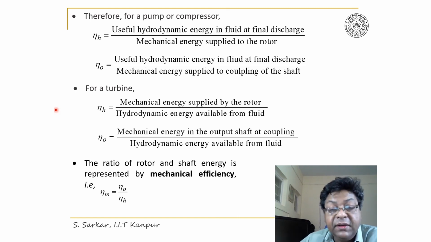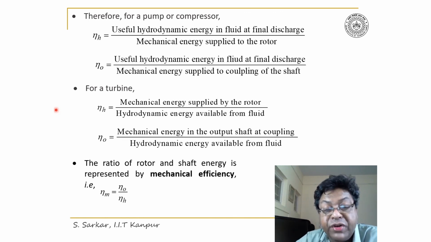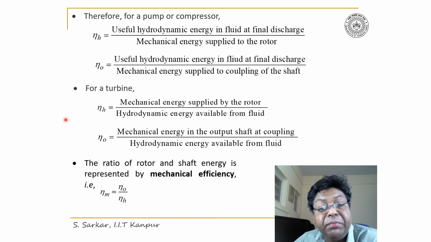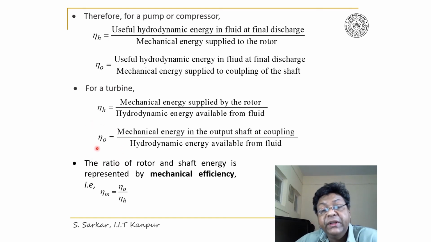For a turbine, now the turbine gives us energy, so definitely the hydrodynamic energy of the fluid here is larger than the shaft work. So I have defined the hydrodynamic efficiency as the mechanical energy supplied to the rotor divided by the hydrodynamic energy available from the fluid. And thus eta 0, similarly, is the mechanical energy in the output shaft at the coupling divided by the hydrodynamic energy available from the fluid.